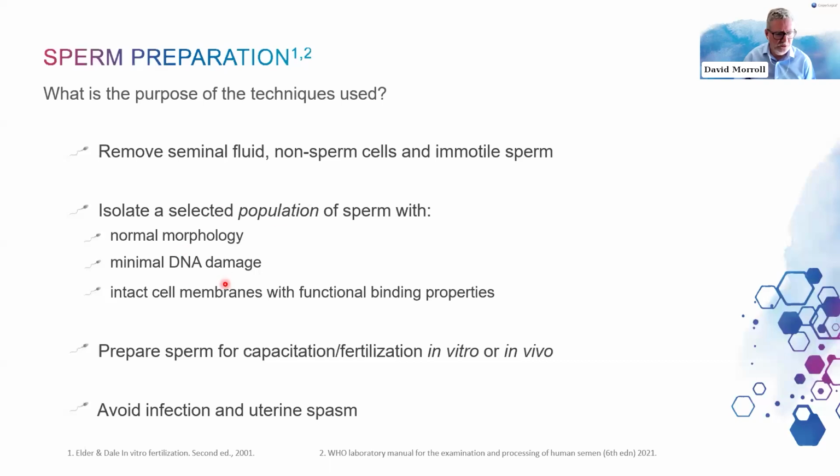So what we're seeking to do is get this nice selected population of sperm, and then we can capacitate those by incubating them at 37 degrees, and then use them in treatment, whether that's ICSI, conventional IVF, or IUI. And of course, the other thing that is a byproduct of sperm preparation is we don't want to introduce infections, and we want to avoid uterine spasm, which would be caused by, for example, the prostaglandins in seminal fluid.